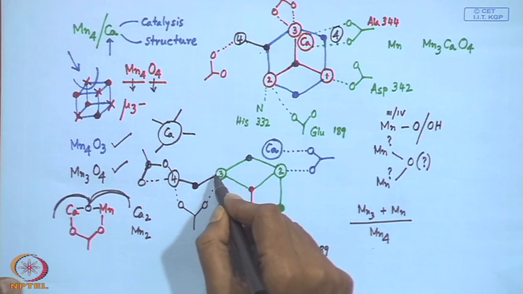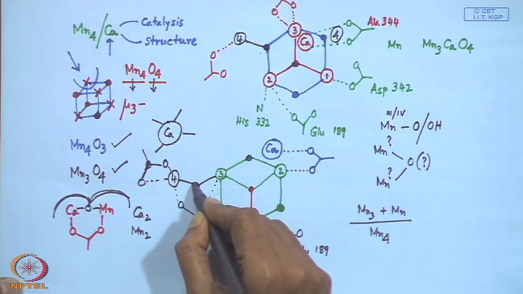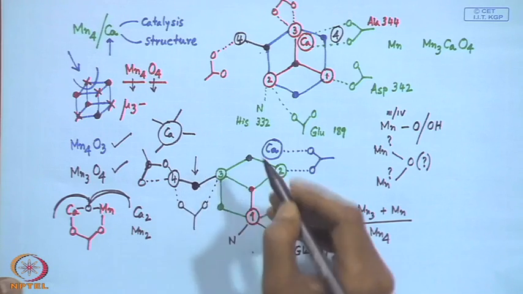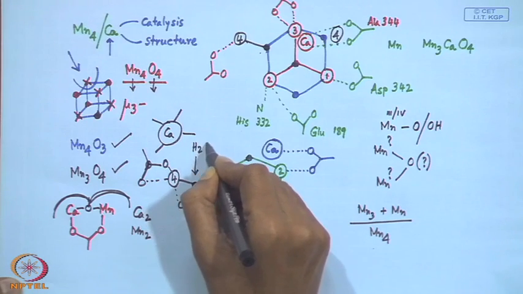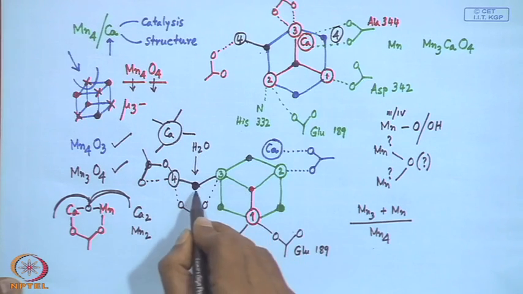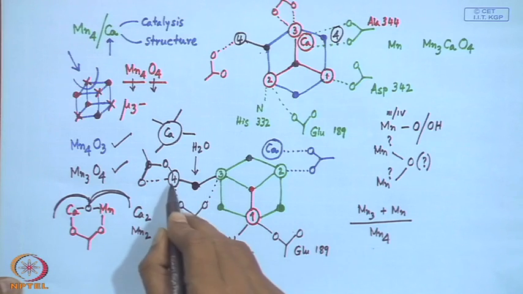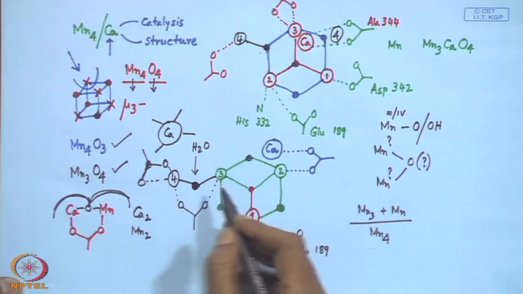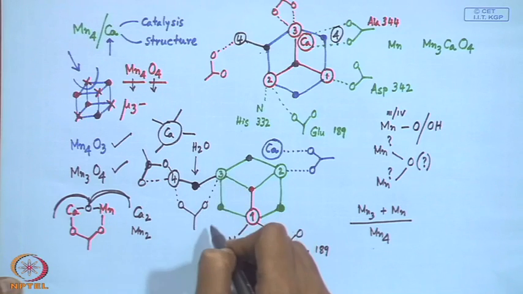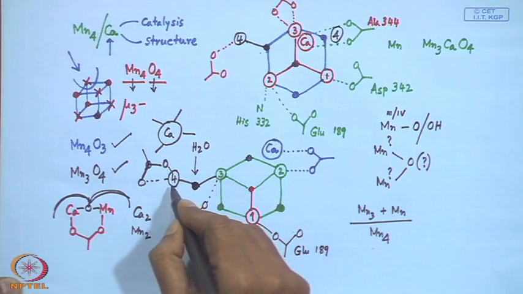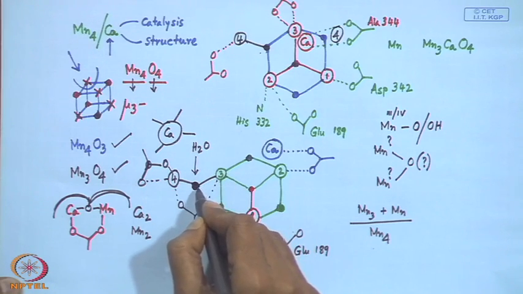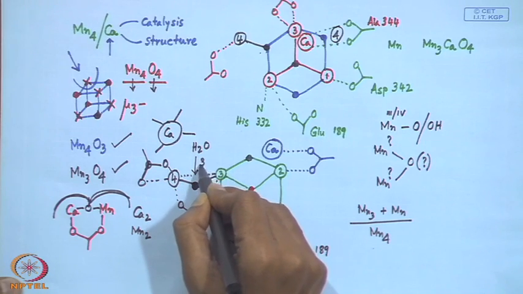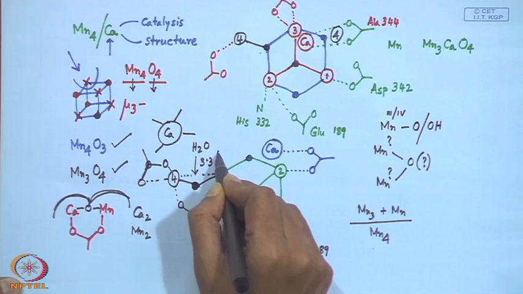Once you move that manganese, this particular new bridging function can take place, because you can take over water. After deprotonation you can go for a bridging hydroxide, or after further deprotonation a bridging oxide. So, this particular unit is a special one which can go for bridging, and this particular distance we can measure, which is 3.3 angstrom.